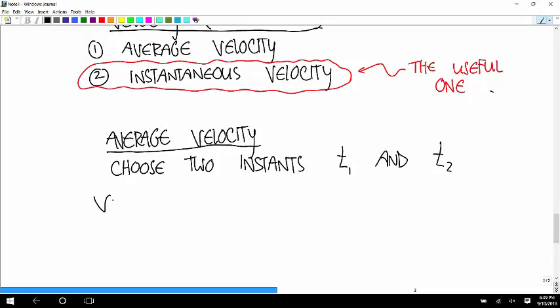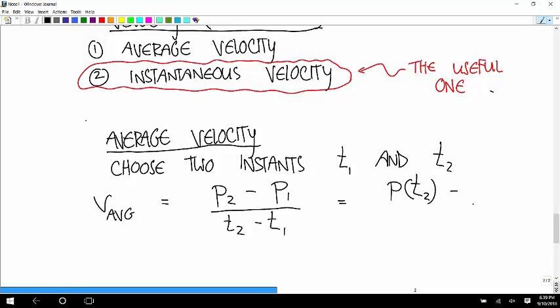Then the average velocity is a fraction, and it's equal to the position at the later instant minus the position at the earlier instant divided by the elapsed time, T2 minus T1. And you could write that same thing with the function notation. So it's equal to the position at the time T2 minus the position at the time T1 divided by T2 minus T1.